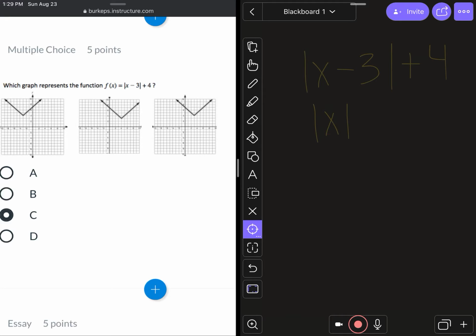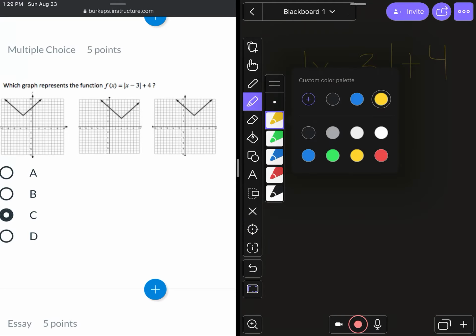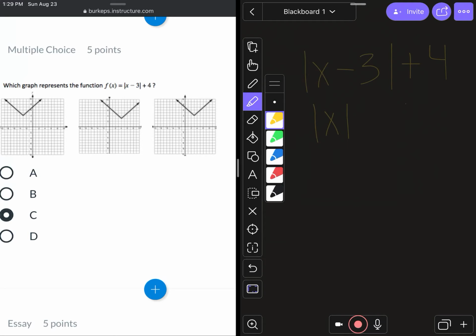If I were to graph the absolute value of x, it would look like this. You just got to memorize that. Absolute value of x looks like that.